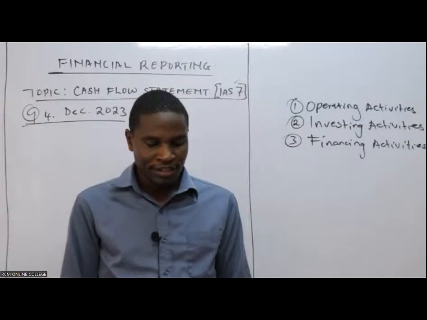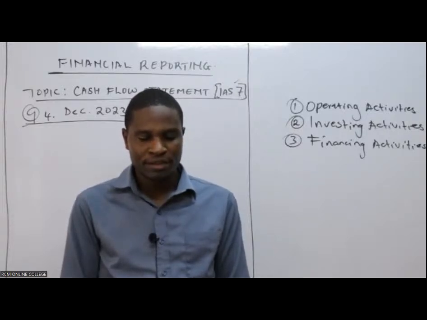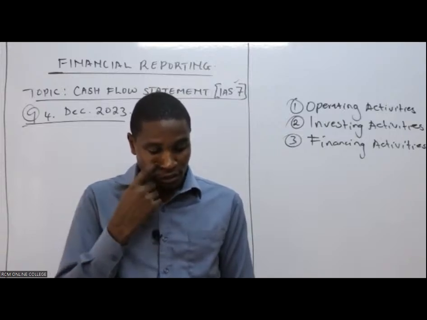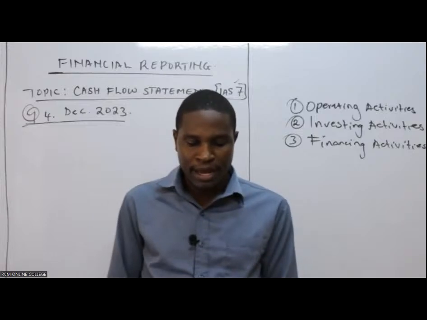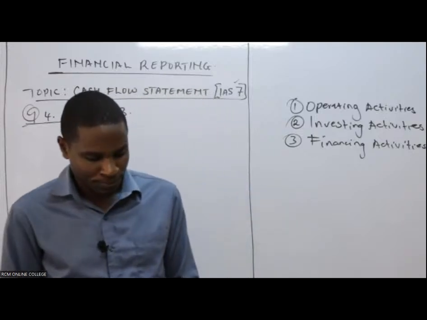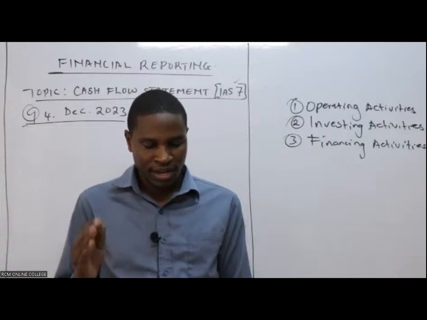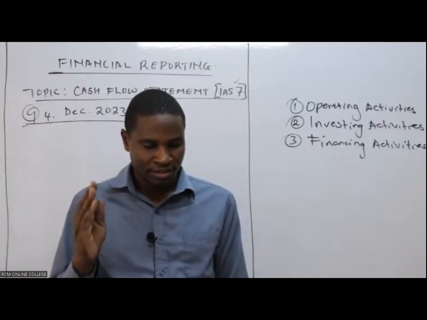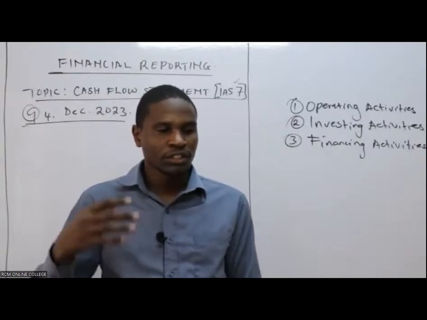Then we have been given the statement of comprehensive income as at that date. Additional information: the property, plant, and equipment was made up as follows. Cost or valuation as at that date. Accumulated depreciation as at that date. Then we have the carrying amount, which is the same as what?